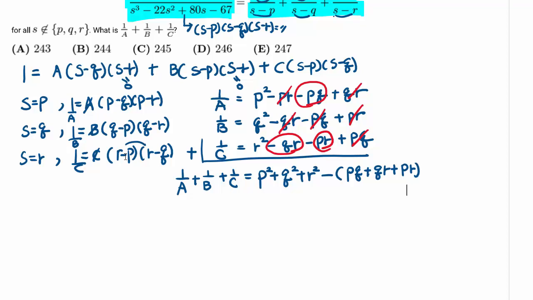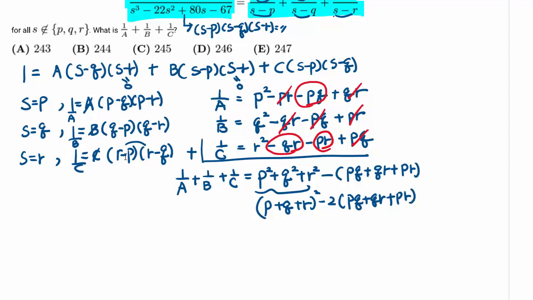What is this first part? It is (p plus q plus r) square minus 2 times (pq plus qr plus rp). It's the same thing.